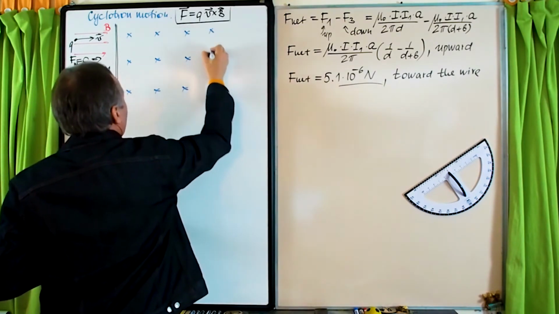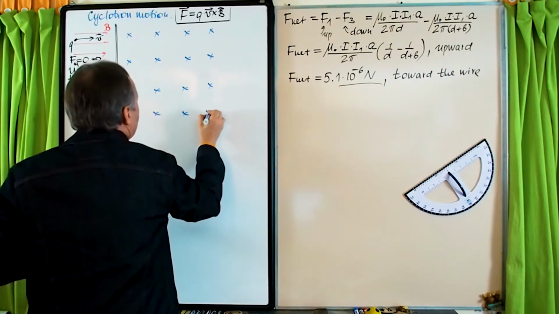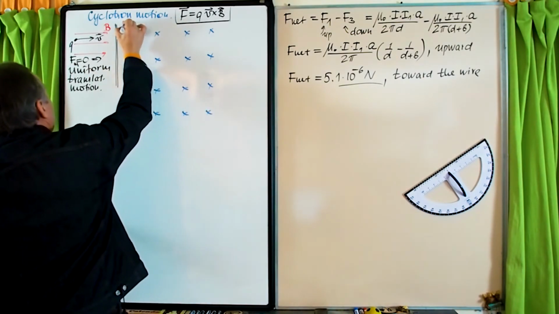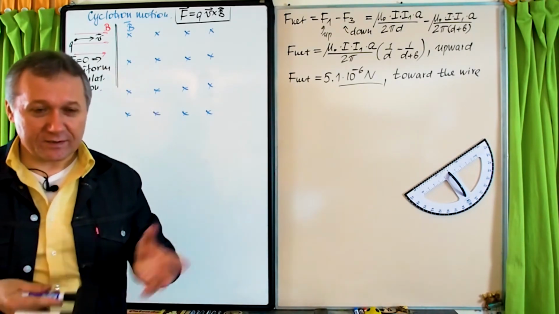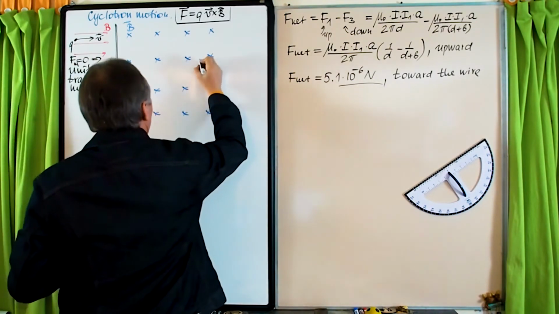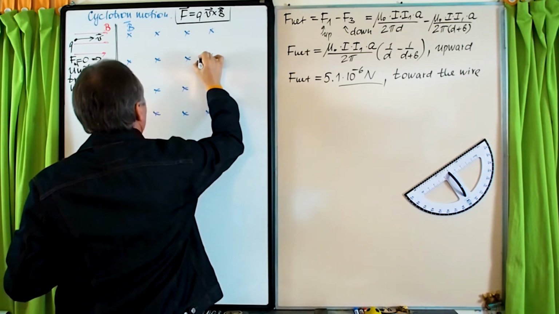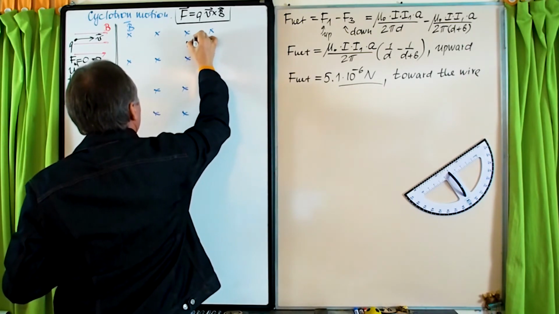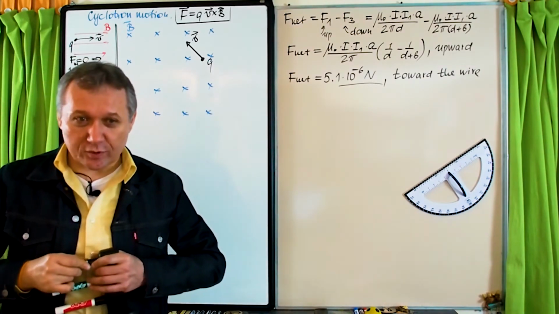Maybe I will add an additional line; these are magnetic field lines showing our magnetic field. Now let's assume that we have some charged particle Q, which flies with velocity V, and we want to discuss this motion.